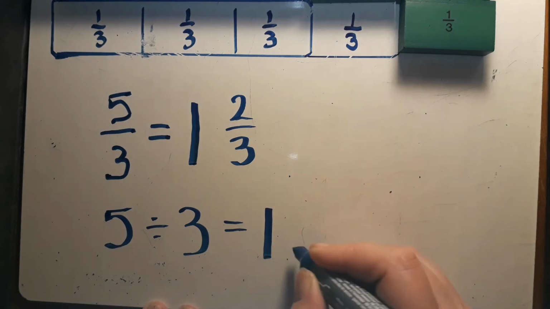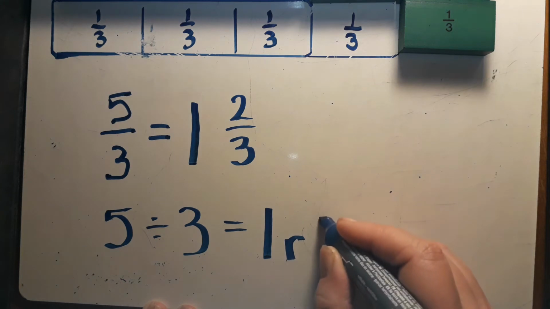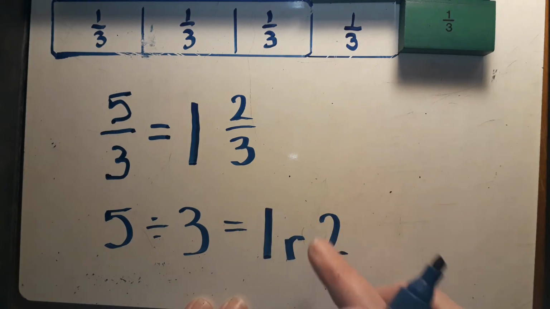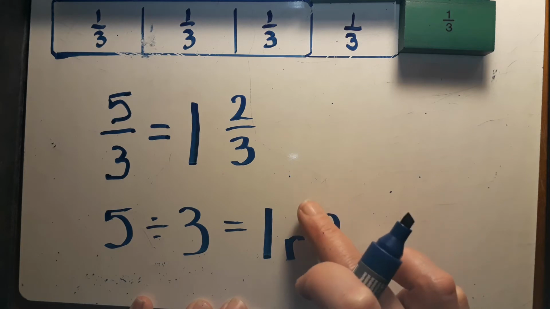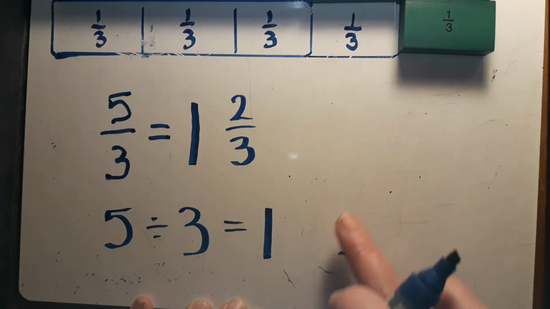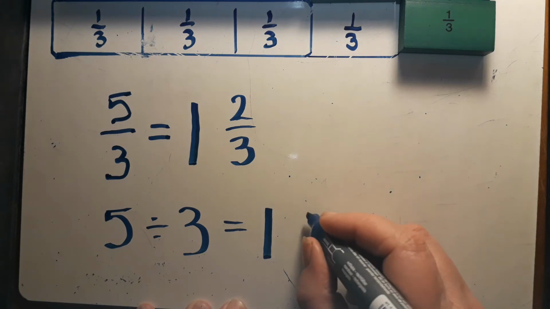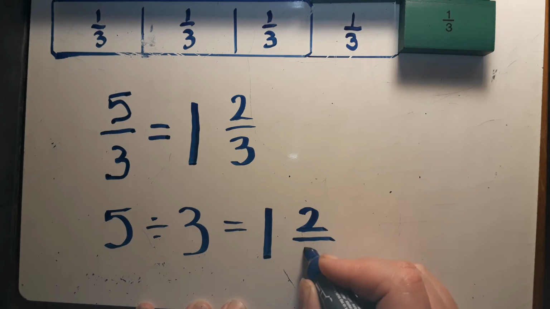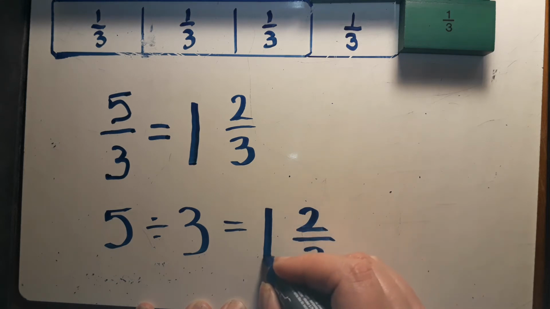Well, there would be 1, remainder 2, but as we have to write our remainder as a fraction of the whole, we have 2/3 left. Okay.